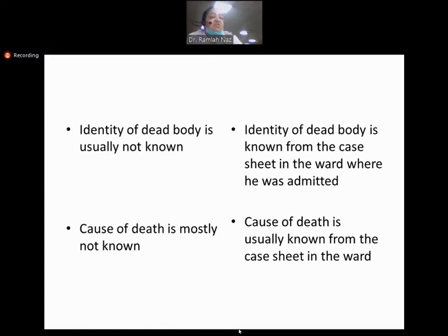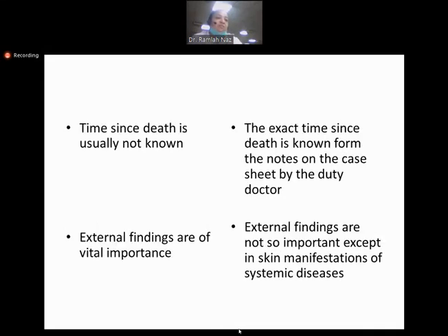But in case of the pathological autopsy, the identity of the dead body is known, because it is an already admitted case, and you can take it from the case sheet in the ward where the person was admitted. So in the medico-legal autopsy, the cause of death is mostly not known, and in the pathological autopsy, the cause of death is usually known from the case sheet in the ward.